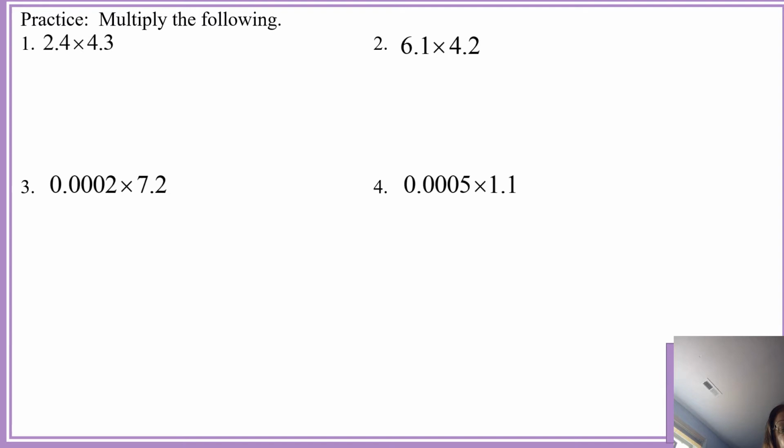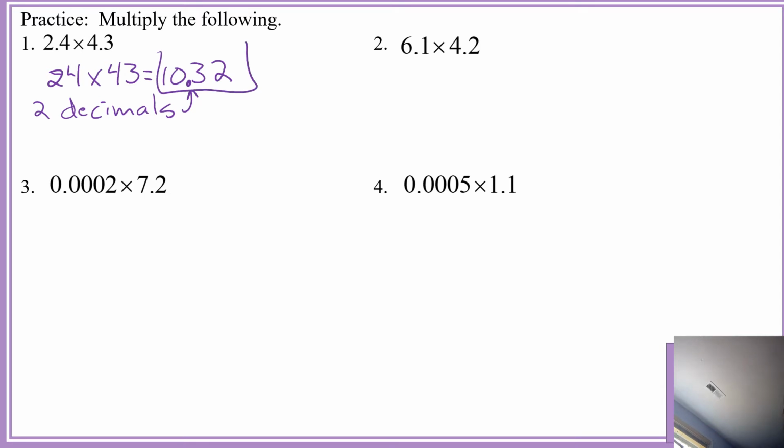Yep, that's right. 24 times 43 was 1032. We had 2 decimal places, so we put a decimal point there. That's our answer, 10.32.